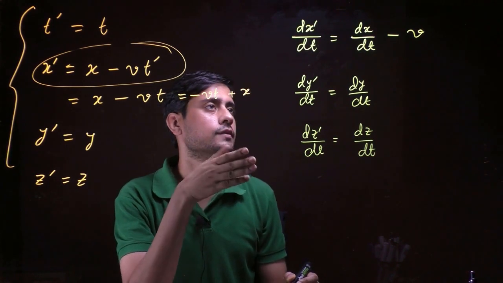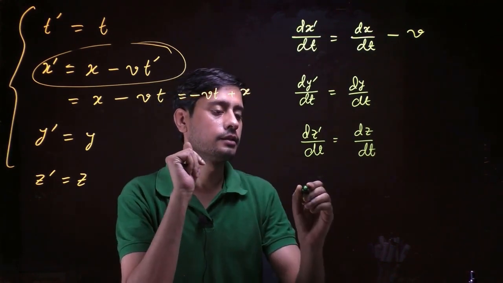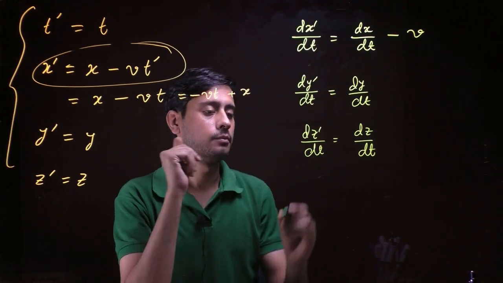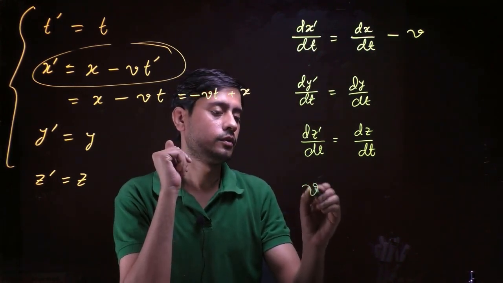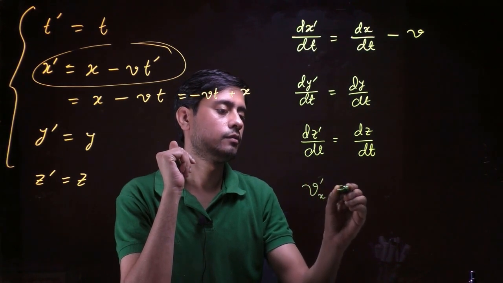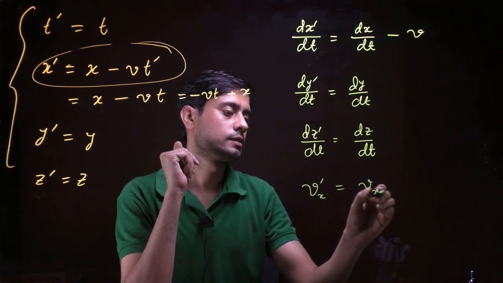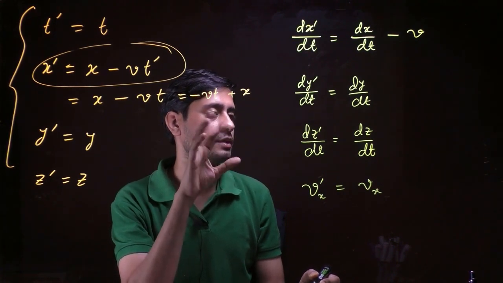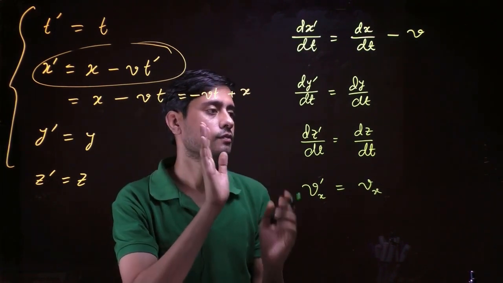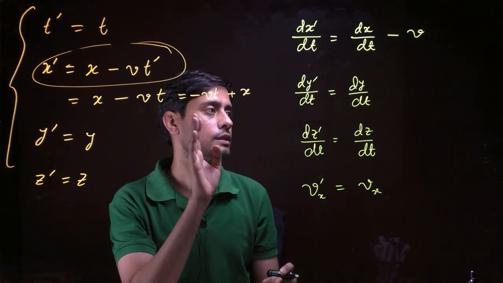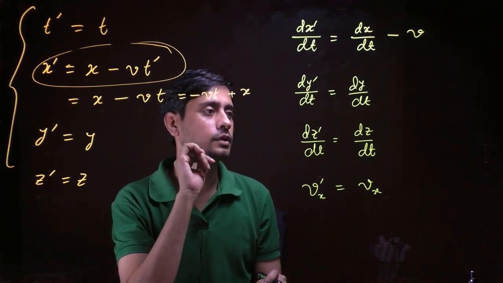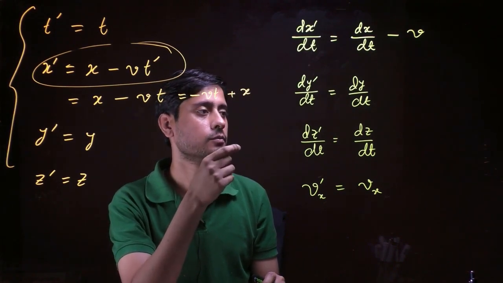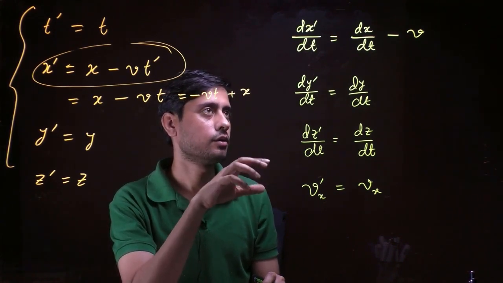You can write these equations in a simpler manner like this. If we call this velocity vx prime, then vx prime will be equal to vx, the velocity of that point with respect to, as the coordinate system will move, they will notice that the points are moving. The point P will seem to be moving, and this is the velocity of those points.